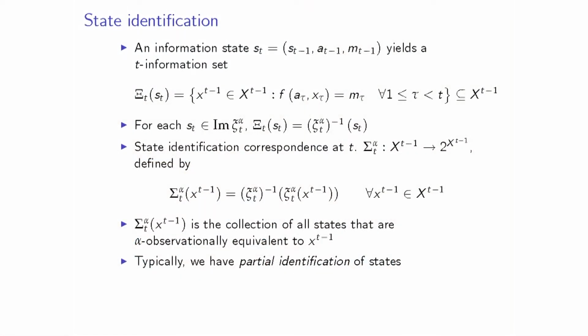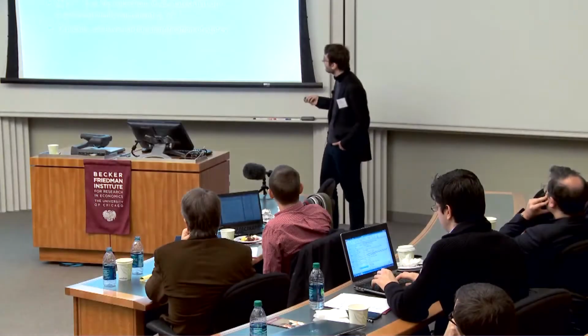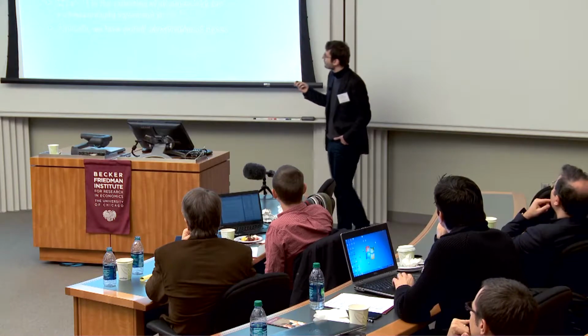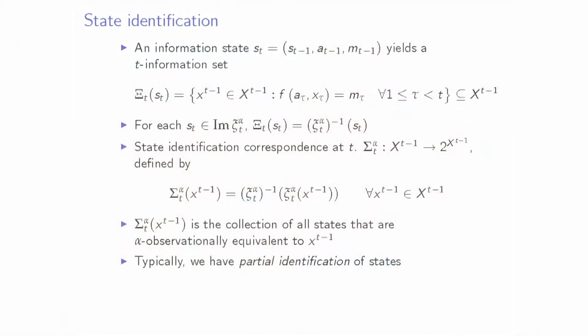In particular, if I'm also told that the information state was achieved via the information channel Xi alpha t, then basically I'm looking at the inverse image of the information state via the same information channel. Okay? So this is all to say that information channels in particular induce a state identification correspondence.